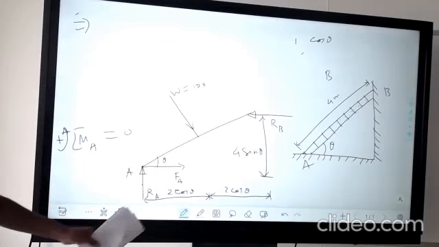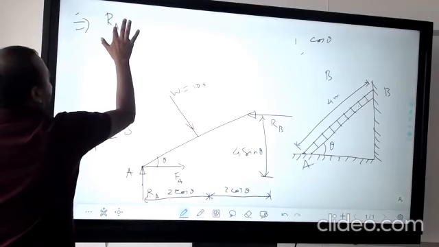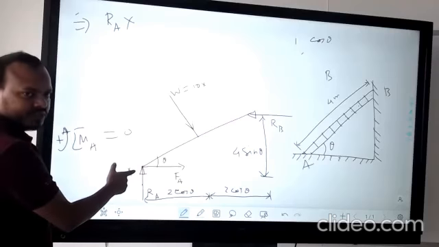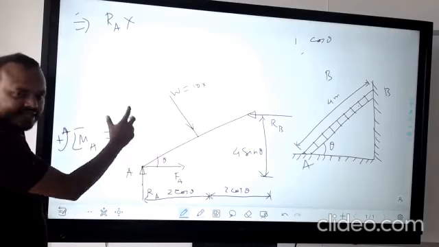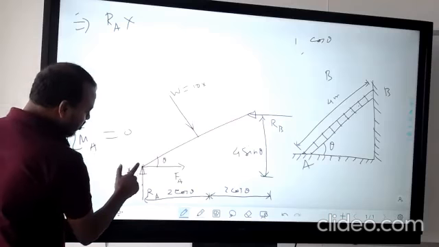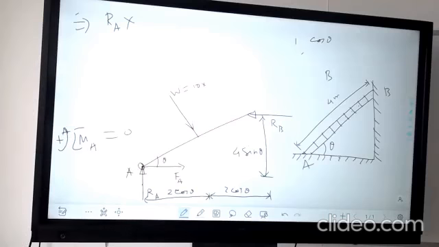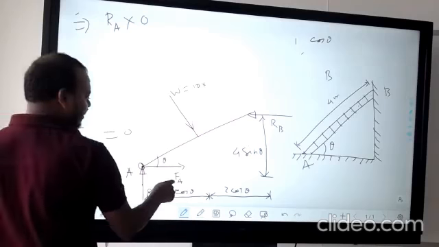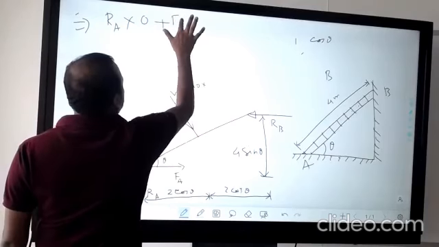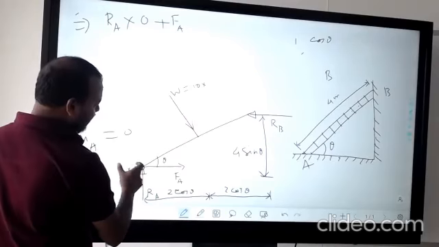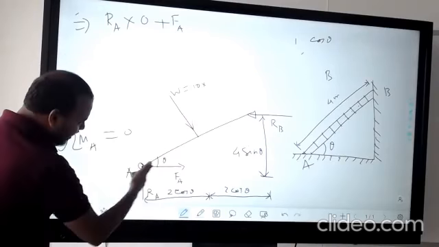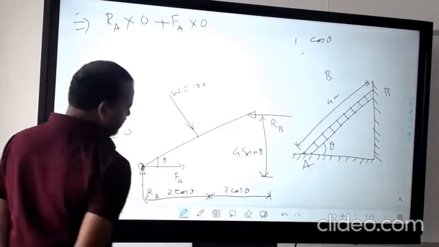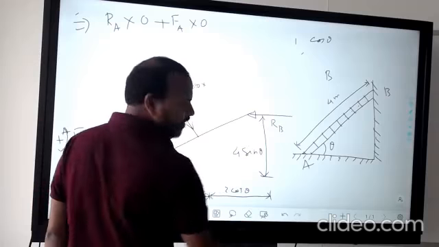Let's say RA, force multiplied by its vertical distance with respect to the point through which we are taking moment. So vertical distance is 0. Again we have FA, multiplied by 0 vertical distance. It is acting through that point only, na? So 0.